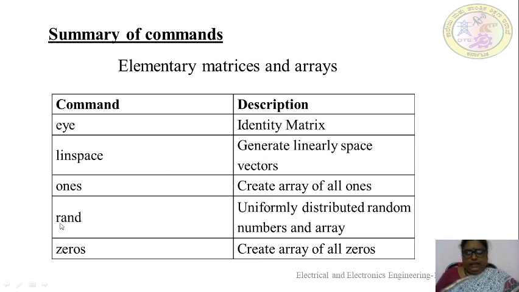Similarly, rand gives uniformly distributed random numbers in an array. Zeros creates arrays with all elements zero. So you have learned how to create the identity matrix, how to create the ones and how to create the zeros.